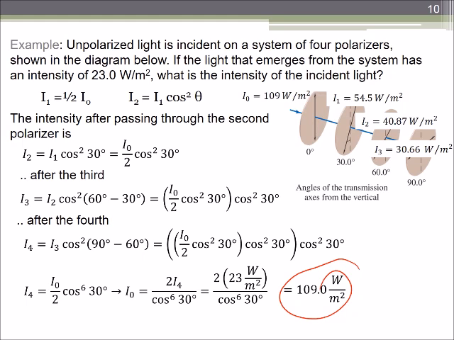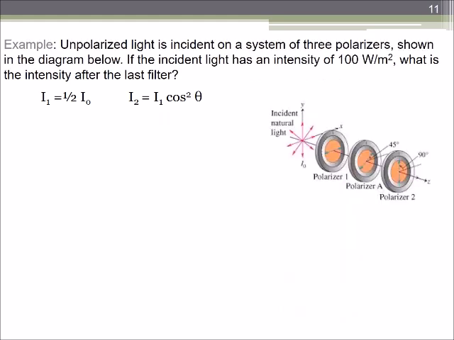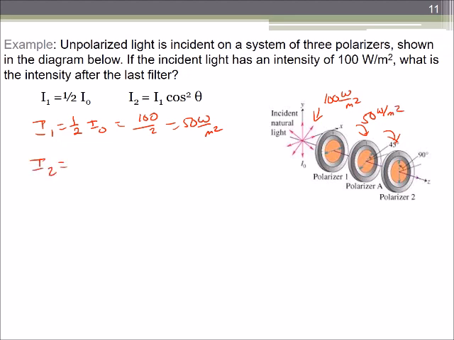How do we work the problem forward? Working the problem forward, here I know that my incident light is 100 watts per meter squared, and then how much light do we get through each one of these analyzers? Again, I1 is equal to 1/2 I0, so that's 100 over 2, so 50 watts per meter squared. And then I2 is equal to I1 times cosine squared of theta.